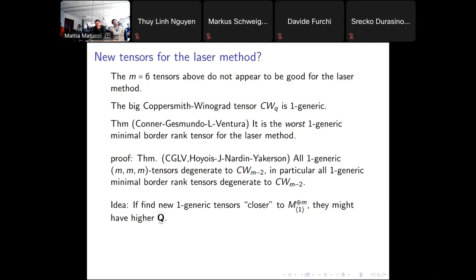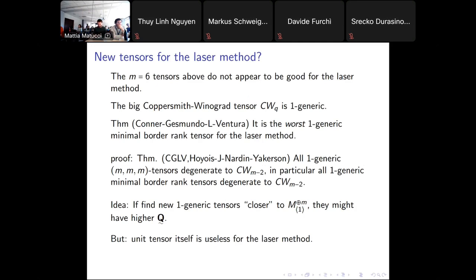The idea is that if you have something that's a general point of the boundary component, it might have higher asymptotic subrank. And as I mentioned, because someone asked about it, this unit tensor itself is useless for the laser method because of the combinatorial structure that people want for that method.